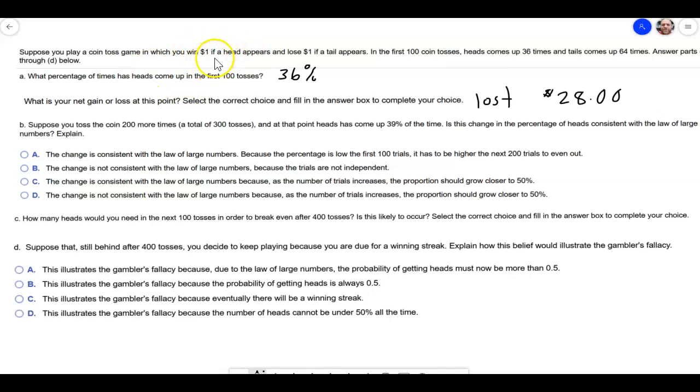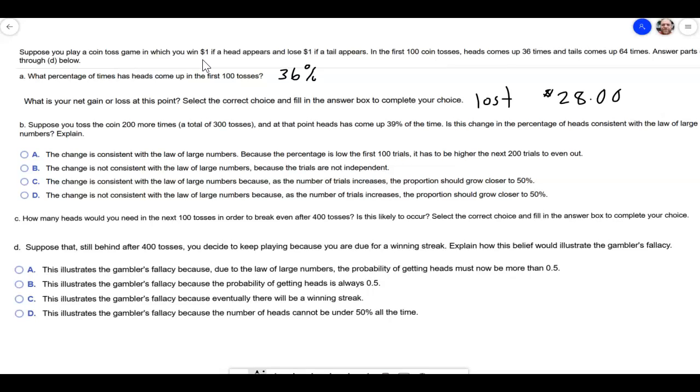So for example, if we have a 50% chance to win $1, the more times we flip it, the closer we're going to get to winning 50% of the time. If you were to toss a coin 1,000,000 times, that percentage should be very, very close to 50%.